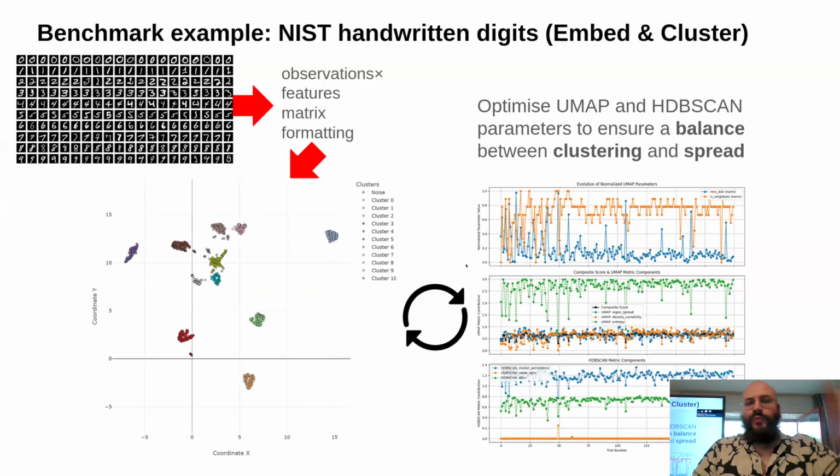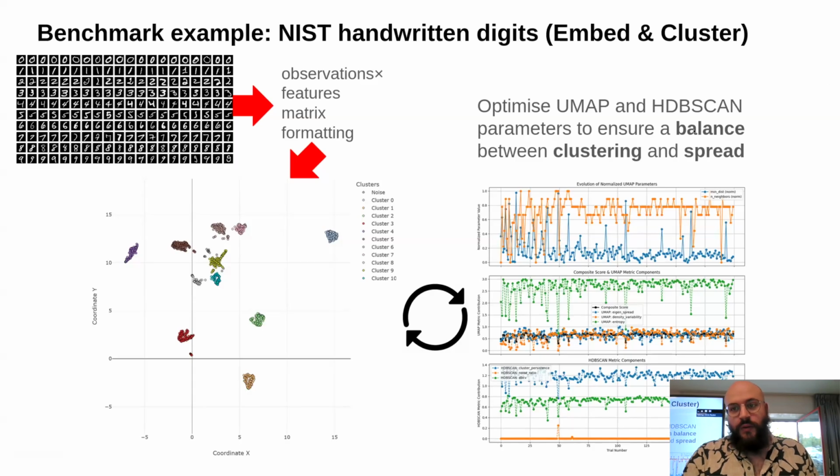And so we had a lot of discussion with people about the UMAP, because there are a lot of parameters in UMAP, and that can cause some variability in the output space. So what we're doing is we optimize the UMAP.